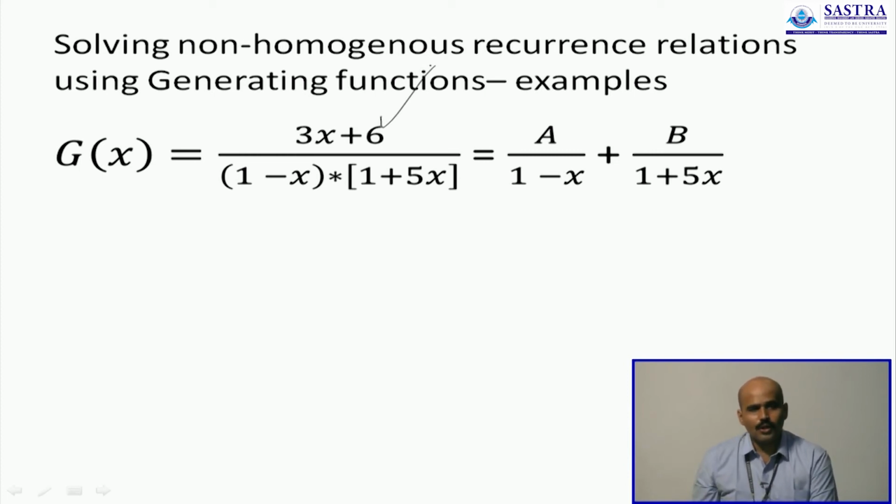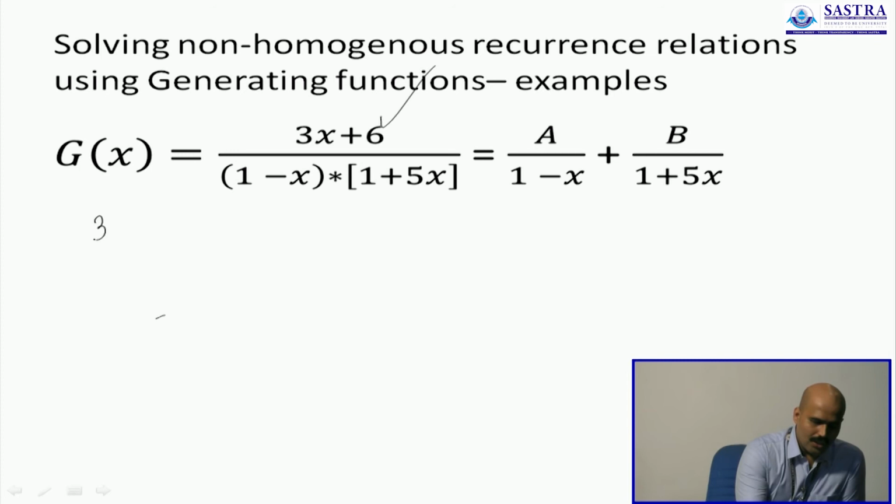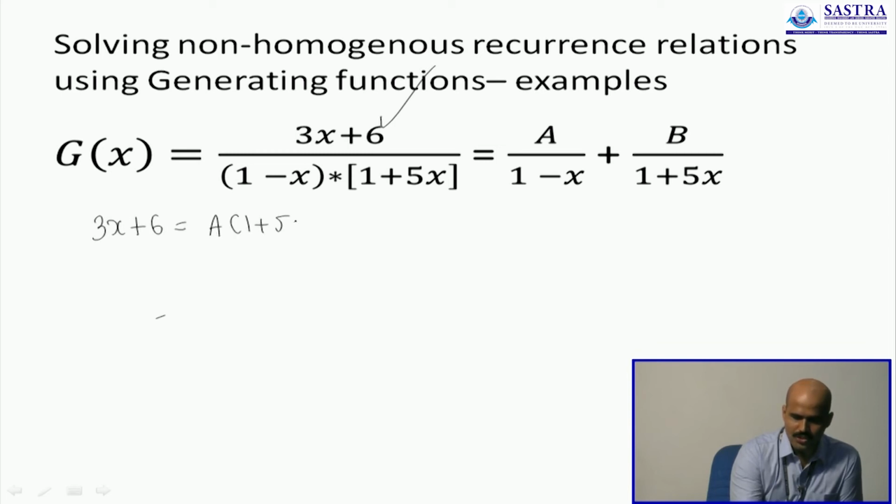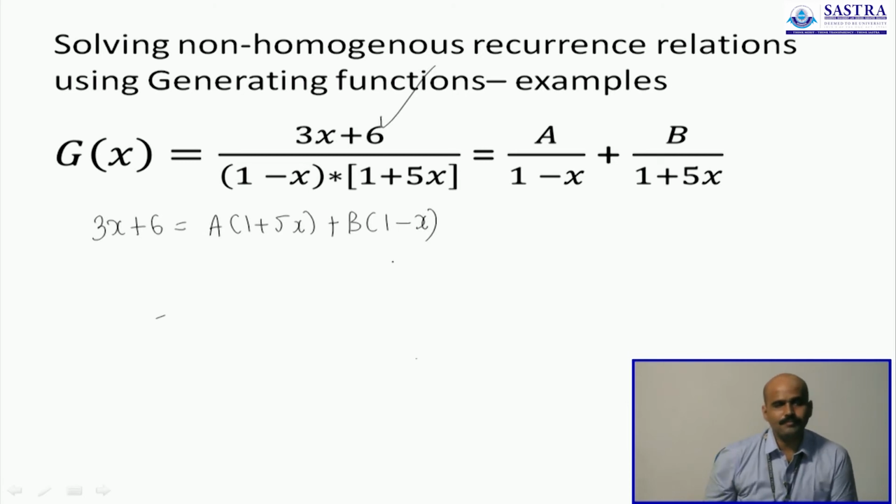As usual, to determine the answers for a and b, I'll have to do partial fractions. So I'll have 3x plus 6 on the left, and on the right I'll just do the LCM of these two fractions. So a times 1 plus 5x plus b times 1 minus x. Now solving for a is easy.